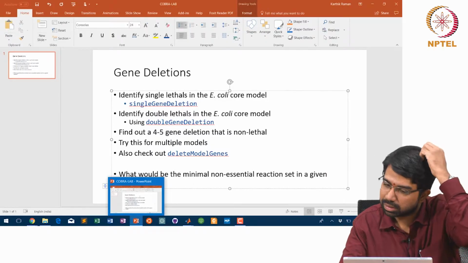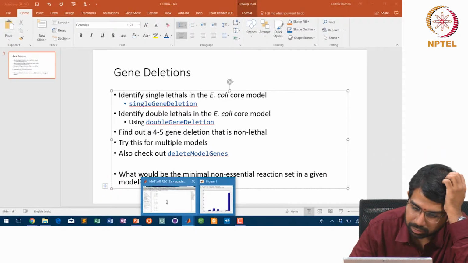So how many single lethals in E. coli? How would you do it?